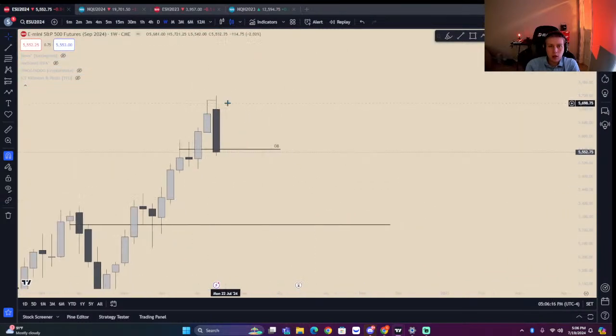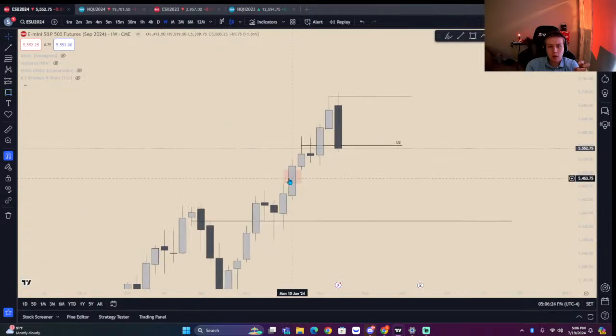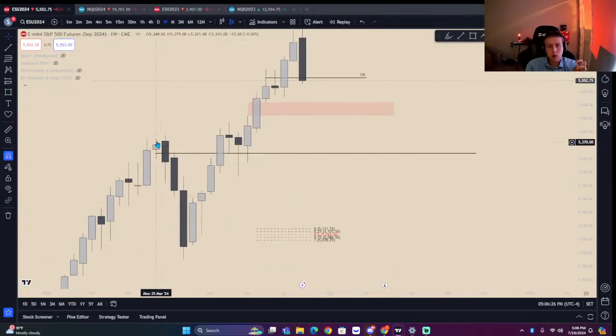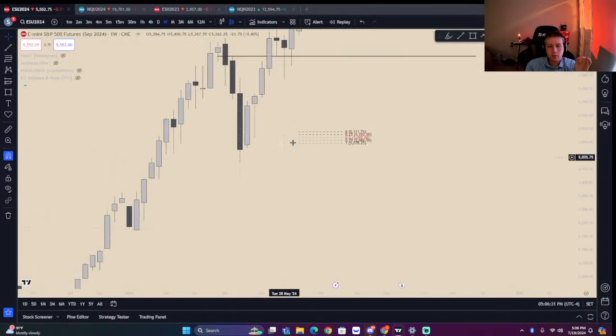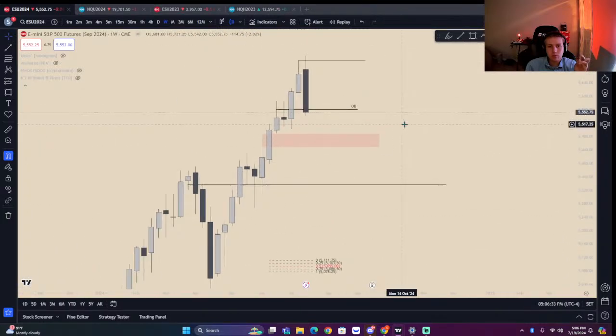So this will be the weekly outlook. Well, we could seek IRL here. We also have these 3 down close candles. I think this will likely be another retracement, but who knows?